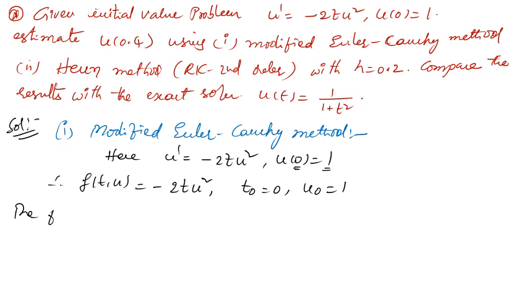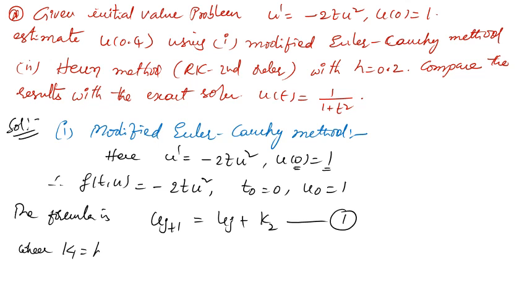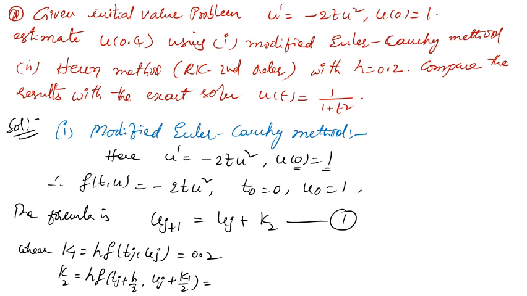The formula is the modified Euler Cauchy: u_{j+1} equal to u_j + k2, where k1 equal to h into f(t_j, u_j), and k2 equal to h into f(t_j + h/2, u_j + k1/2). So first let me consider the h value, which is given as 0.2, into f of t_j, u_j.